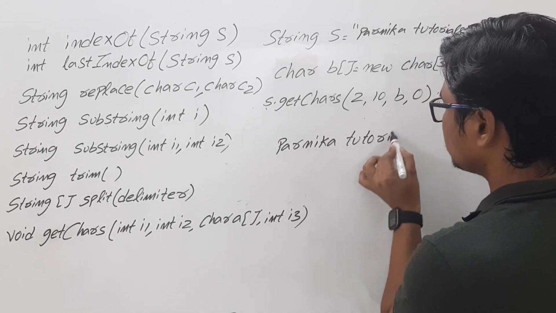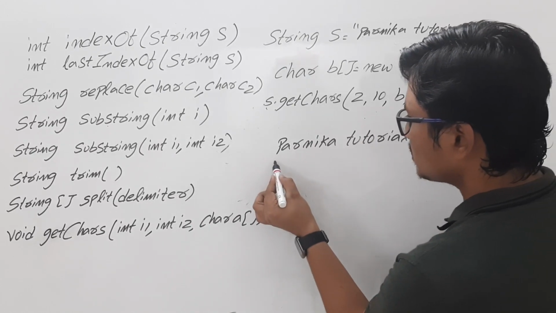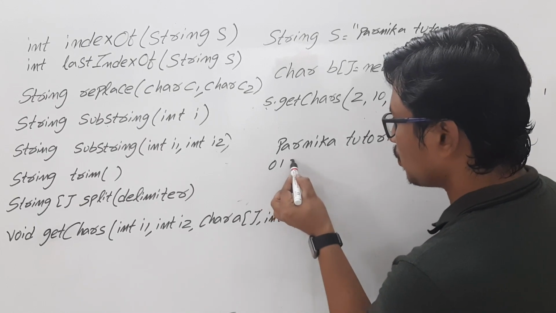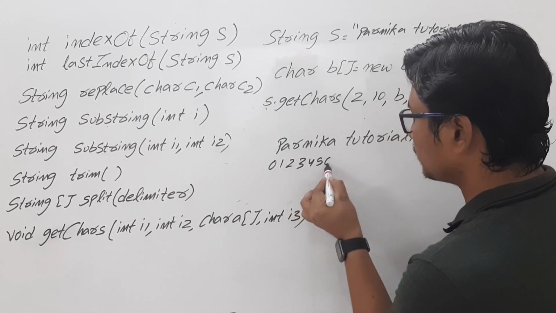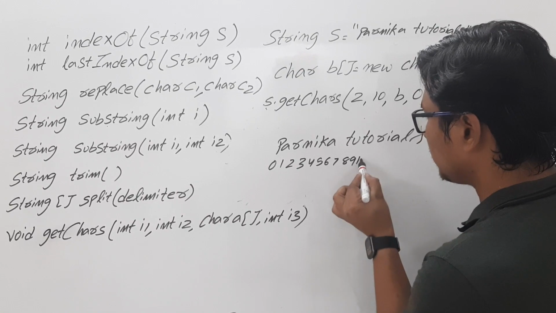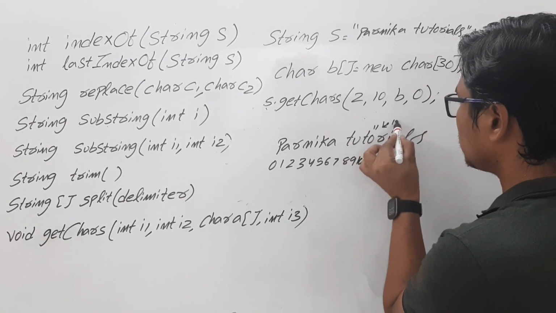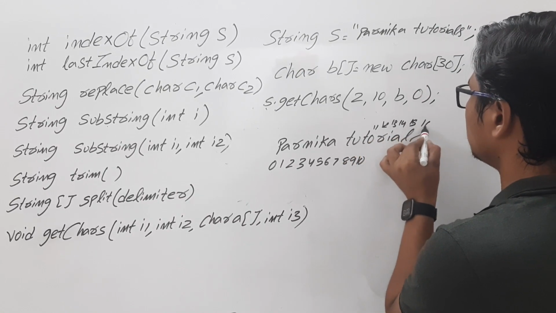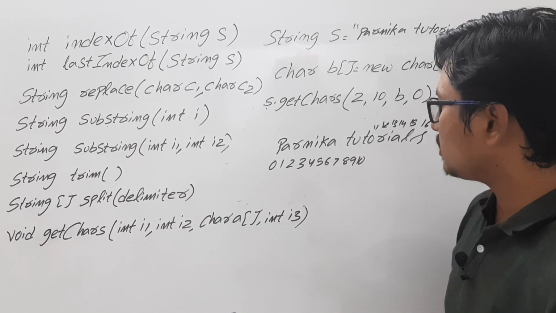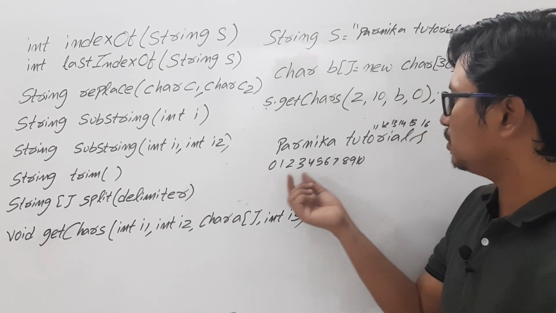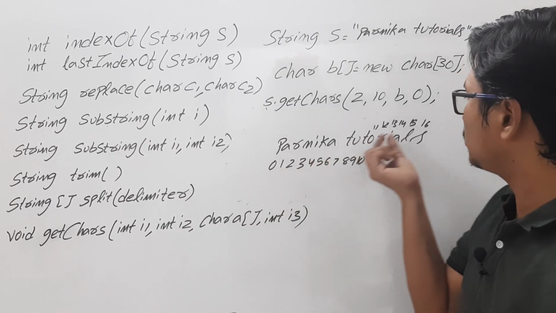Here it is at index 0, 1, 2, 3, 4, 5, 6, 7, 8, 9, 10, 11, 12, 13, 14, 15, 16. So it has 17 characters in total, with indexes from 0 to 16.